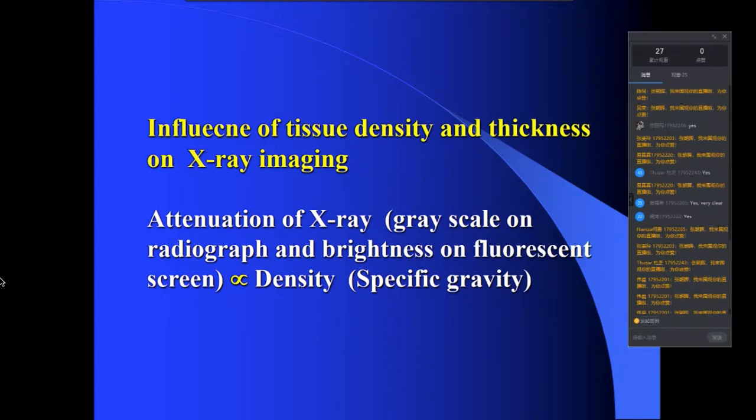Let's see how density and thickness of the exam object influence the formation of the X-ray image. The attenuation of X-ray is proportional to the density or specific gravity of the exam object. And this attenuation of X-ray is reflected as grayscale on the radiograph and brightness on the fluorescent screen.